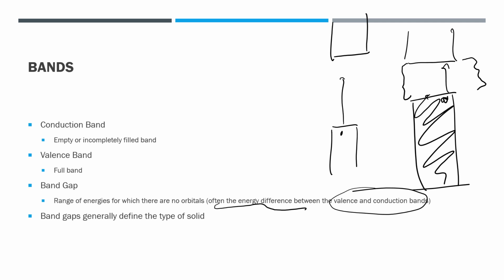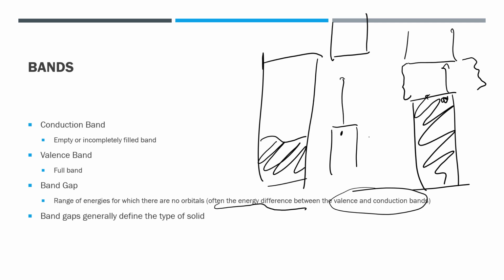In a metal, what you're going to find is the valence band actually overlaps essentially with the conduction band. So it's really just one conduction band, essentially. You're going to find that we have a conduction band that's only partially filled. And what that means is there's basically 0 energy to go from where the electron is to a conduction band, because it's already in the conduction band.